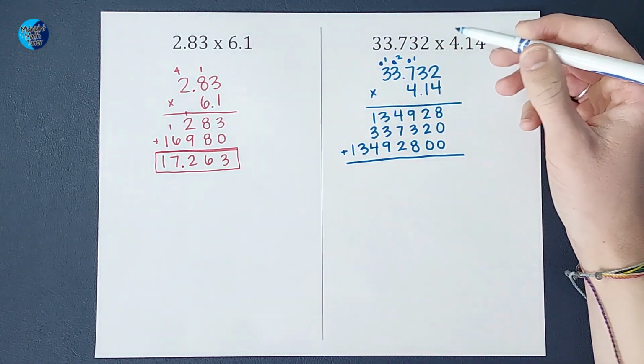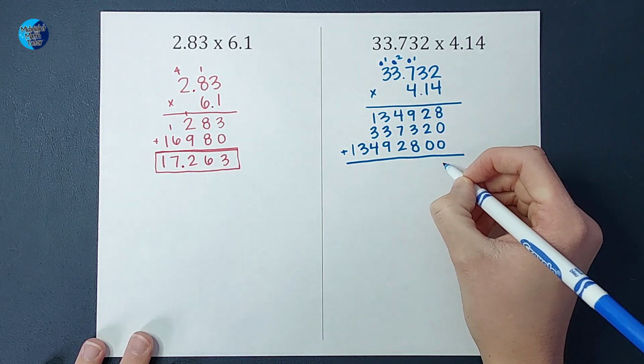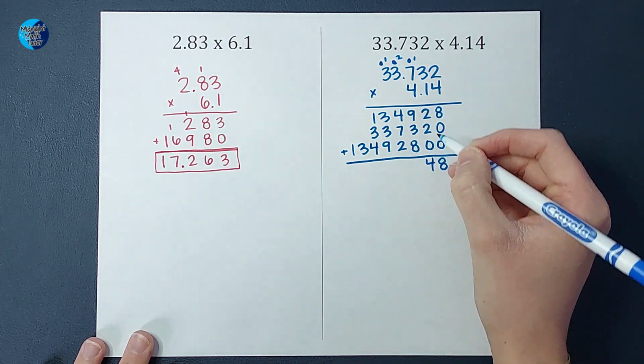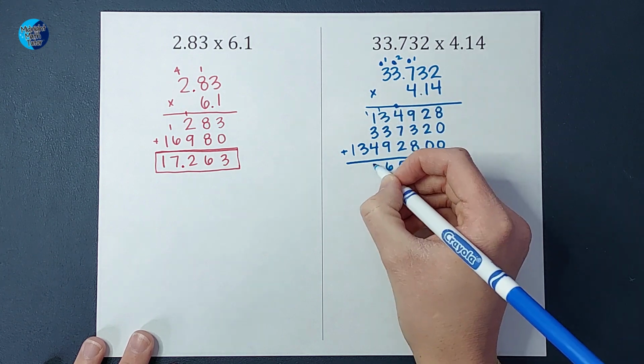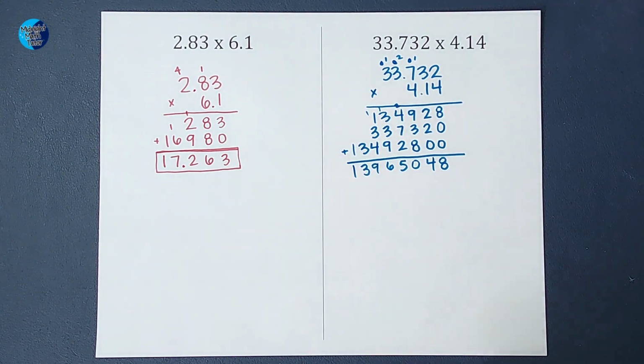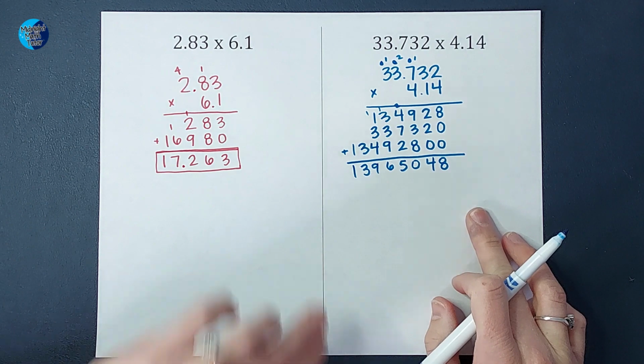Okay, so now I multiplied those and I'm going to add these up. Okay, so I added those up and I got this big old number, right?